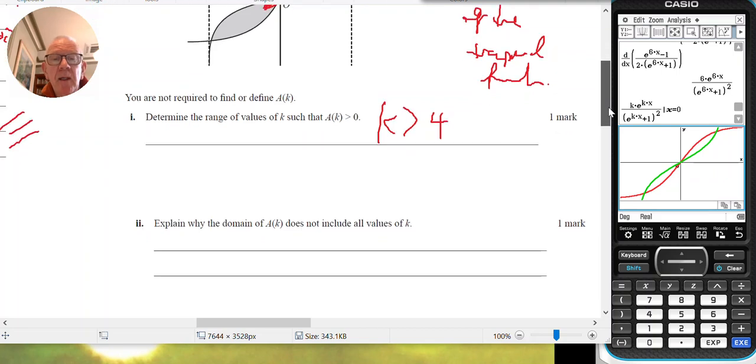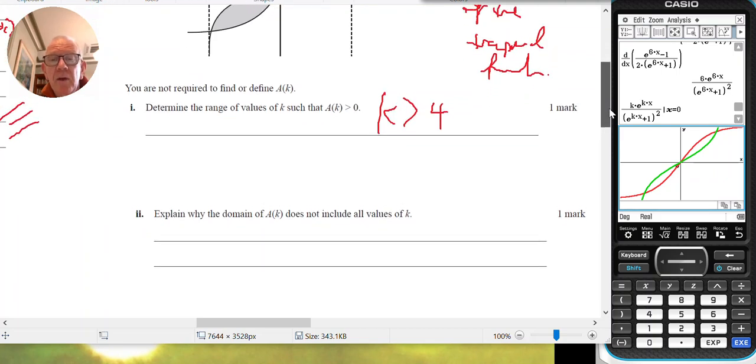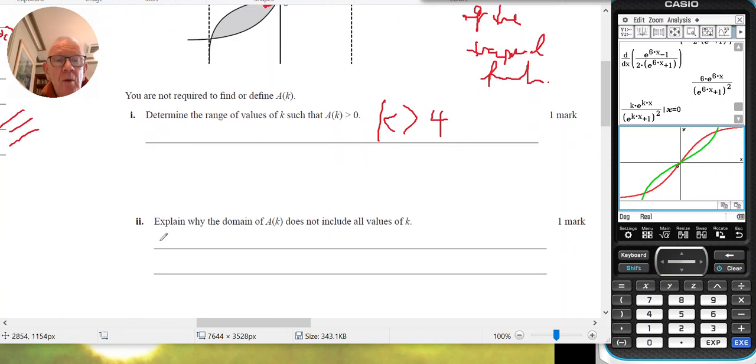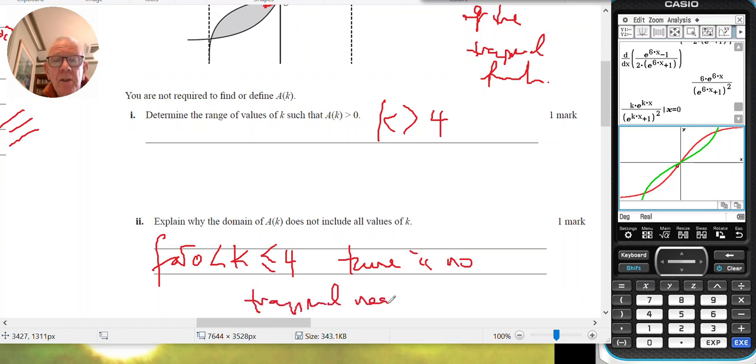Explain why the domain of A of k does not include all values of k. All values of k is everything bigger than 0. For k going from 0 to 4, there is no trapped region. Therefore, A of k equals 0.